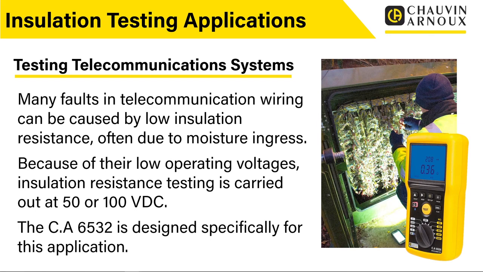So that is a product designed specifically for this telecommunications testing application. If ever you see insulation resistance testers with a 50 or 100 volts range, generally it's for this reason: to fit in with the testing of telecommunication systems.